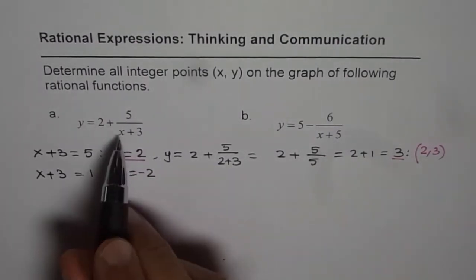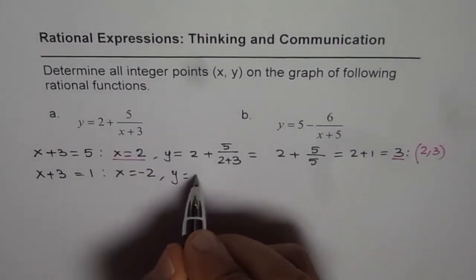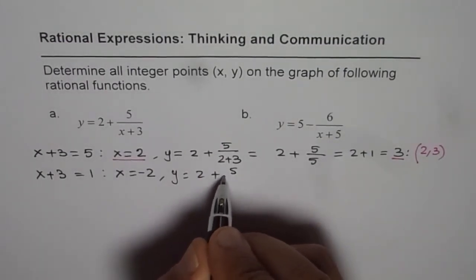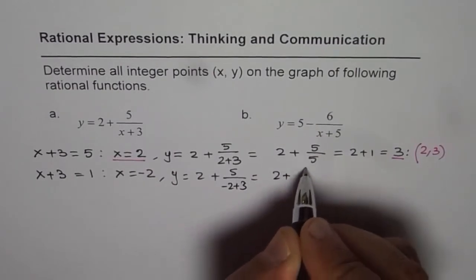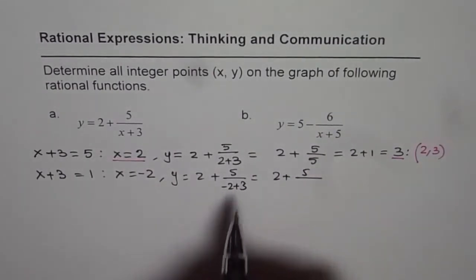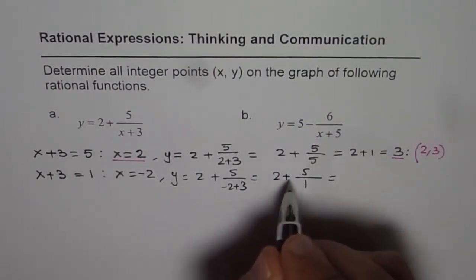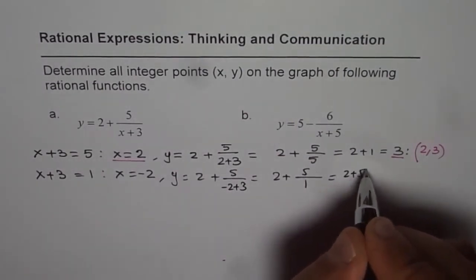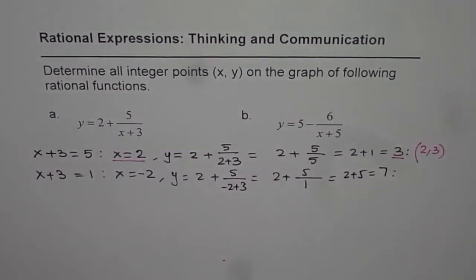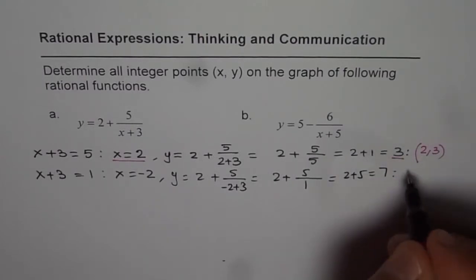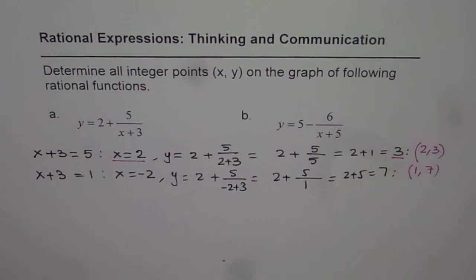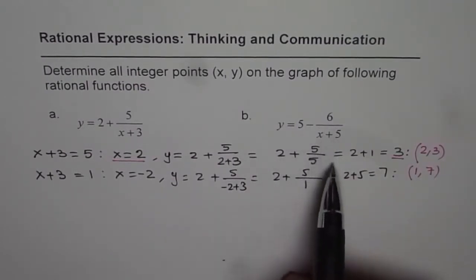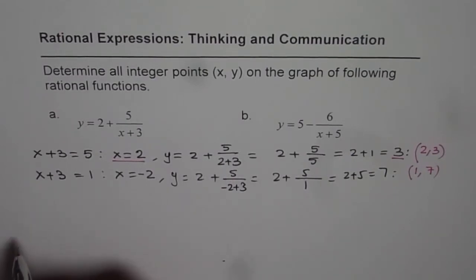Now if I substitute minus 2, then I get y equals 2 plus 5 divided by minus 2 plus 3, which is 2 plus 5 divided by 1. So 2 plus 5, which is 7. And that gives me the second point, which is if x is minus 2, then y is 7. Do you see how I'm calculating? I'm showing you all the calculations so that you can think and do the second question on your own.